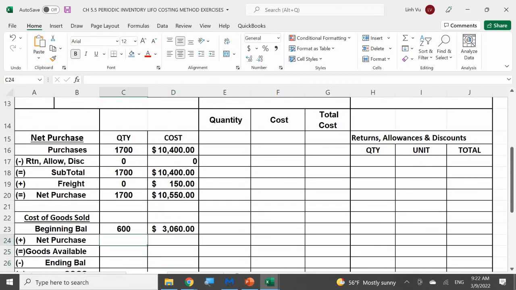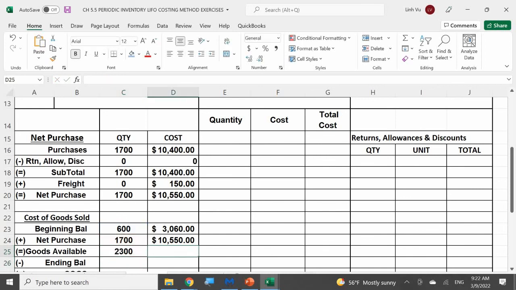Okay? I'm going to carry my net purchases that I saw from above, right? And I'm going to tally up my totals here because now this is how many goods I have available. So in this case, 600 plus 1,700 gives me 2,300.